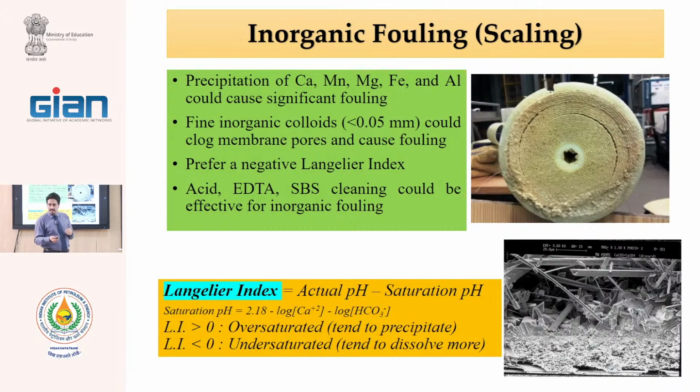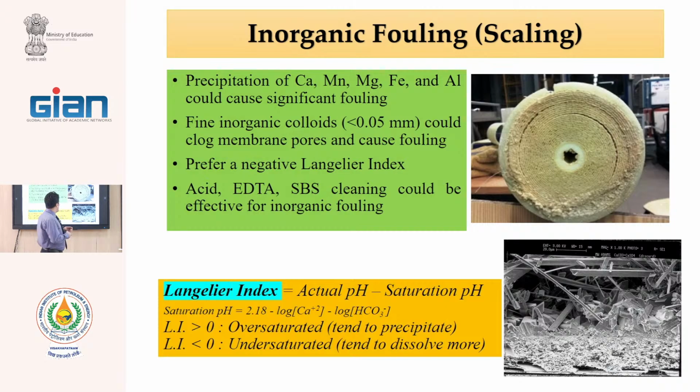Therefore, the index is bigger than 0, and this leads to precipitation. Therefore, we add acid to the feed and reduce the pH to lower than 6. We go to 5.5.